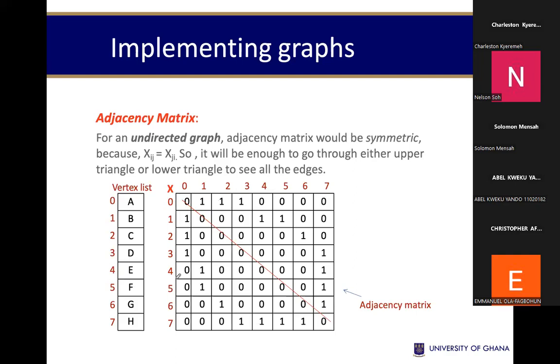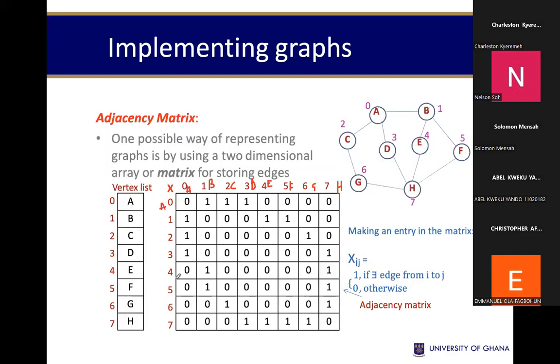Hello, sir. Back to this one. Looking at the concept of adjacent edges, we know they have a link together. Looking at A, B, and F, they are connected, right?